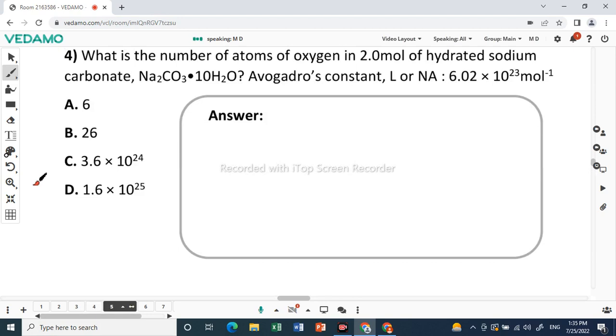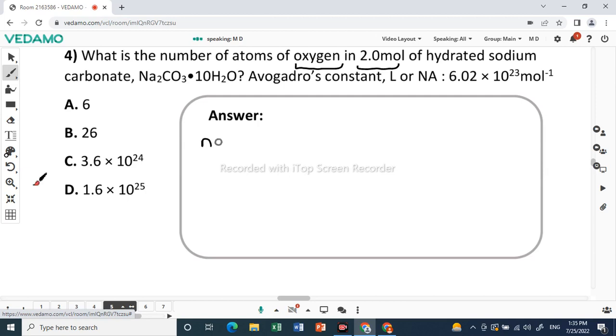We've got here another question, which is somewhat similar to the number of atoms that we previously considered in question number 2. What's the number of atoms of oxygen present in 2 mole of hydrated sodium carbonate? In this question, I'm only going to check that you know how to count the total number of oxygens present. But as an idea, we already covered this before.